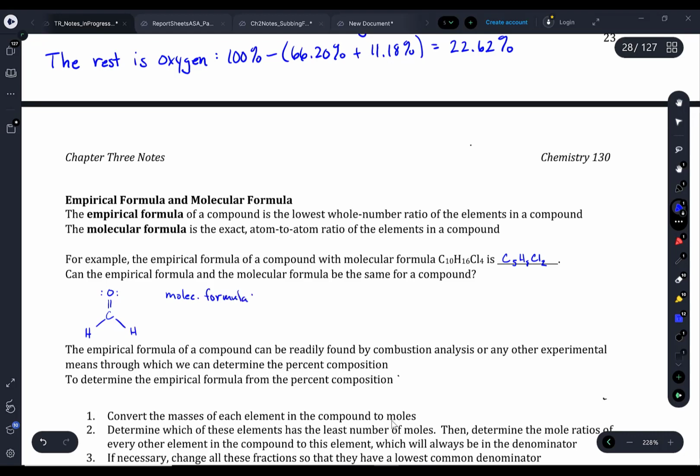How many carbons are there? 1. How many hydrogens? 2. And oxygens? 1. As soon as you see that any of the elements has a coefficient of 1, you know you can't get it any smaller, right? You're not going to be able to divide the numbers any smaller. Okay, and so in this case, this is also the empirical formula.